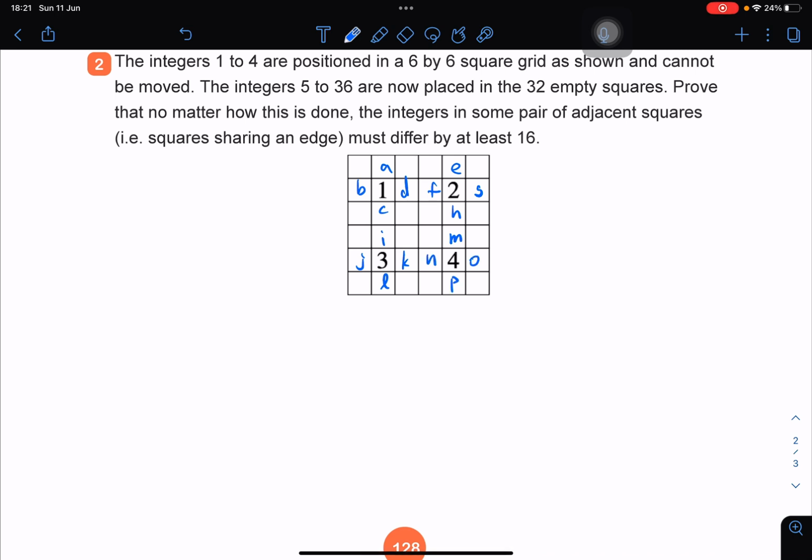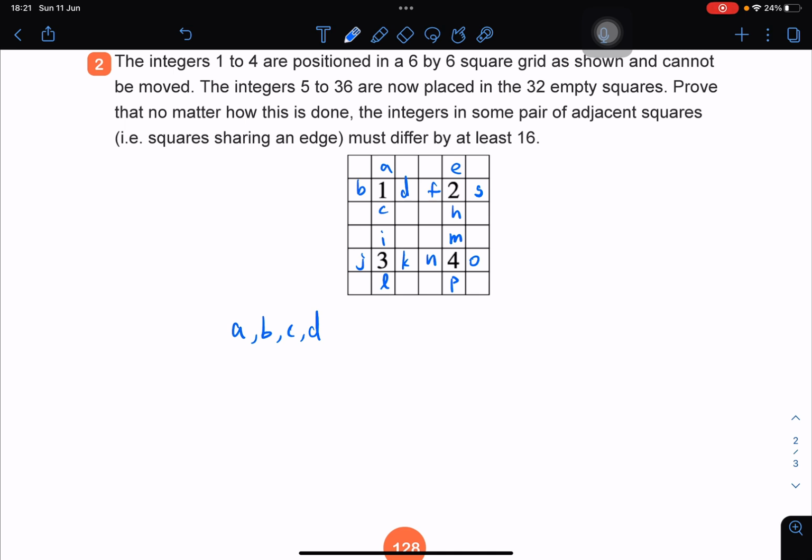So, for A, B, C, D, if I want to prove that they must be different by at least 16 with 1, it means that I want to find a way to show that it is not different by at least 16, right?